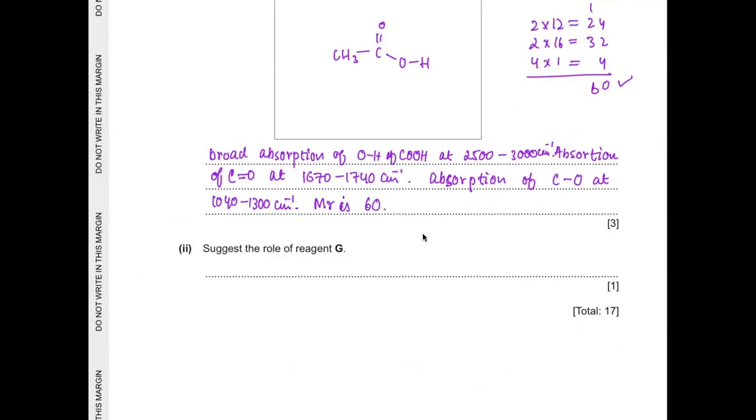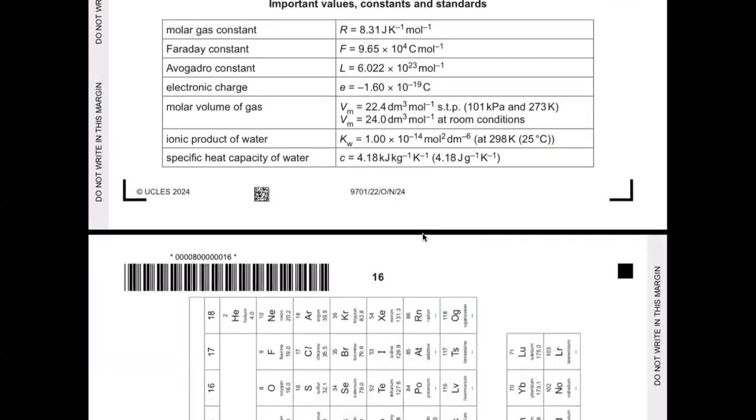So these all are the evidence that this is the structure. Now, this is the role of reagent G. We have identified that G is actually an oxidizing agent. Is this understandable to all of you?